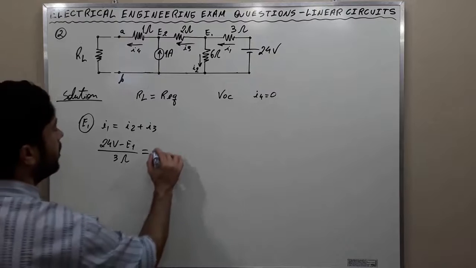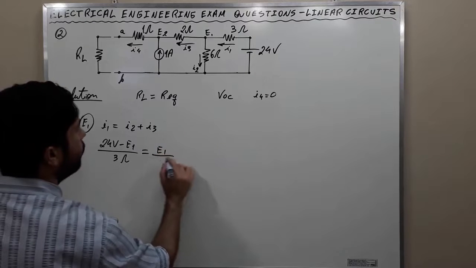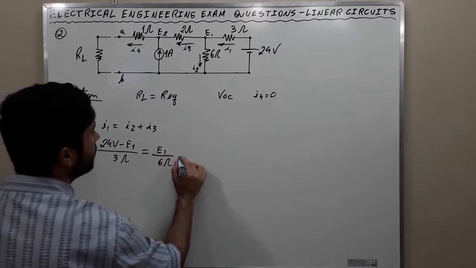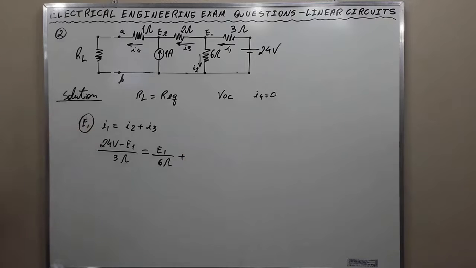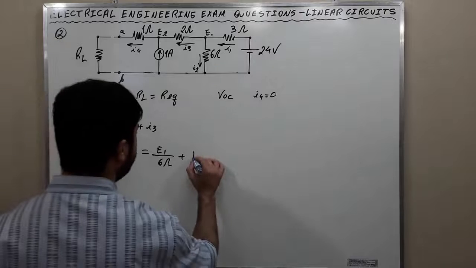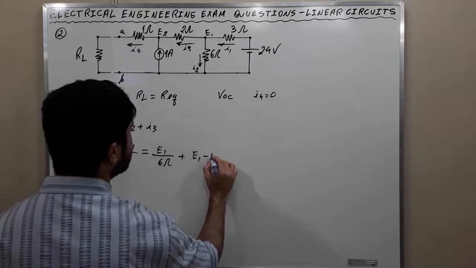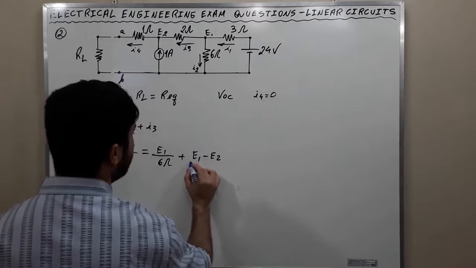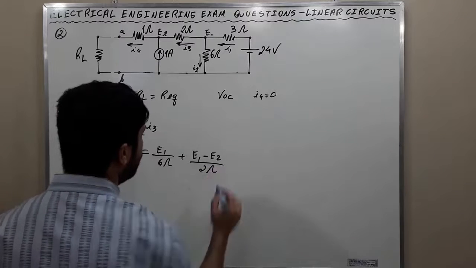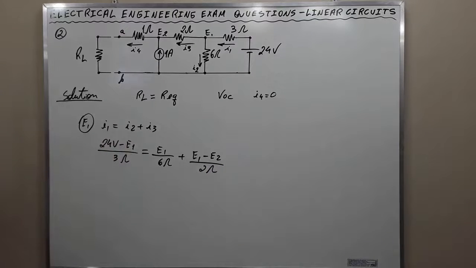I2 is E1 over 6 ohms. And the other current is I3. I3 is E1 minus E2 divided by 2 ohms. Okay? This is the equation for node E1.